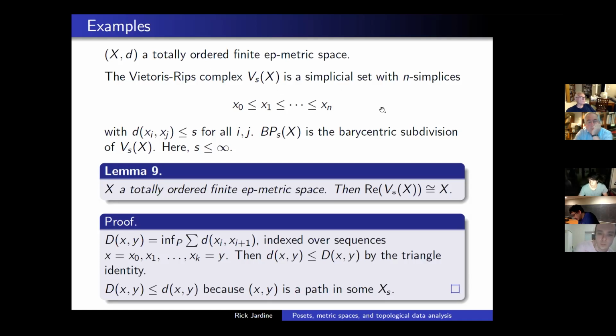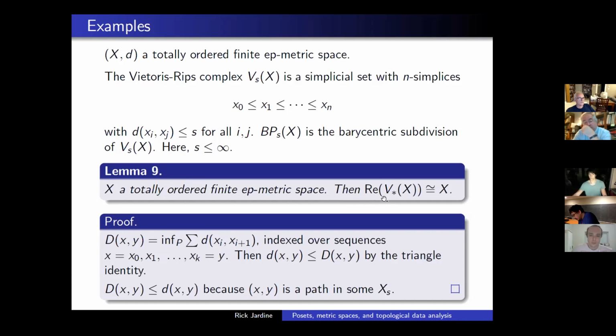Okay. So in this presence of total ordering, we got a canonical description of Vietoris-Rips. And again, the nerve of the poset of simplices is barycentric subdivision. Now, if X is a totally ordered finite extended pseudometric space, then the realization is going to be an extended pseudometric space again.